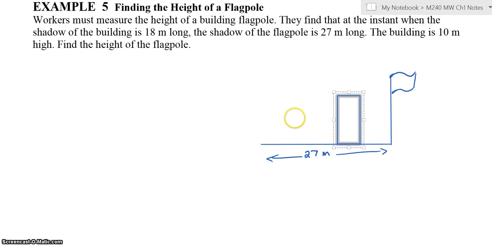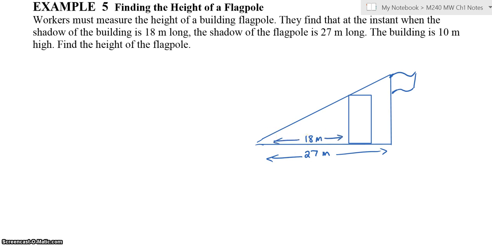The sun is going to hit this corner and form the same angle there. So they're going to be 2 similar triangles. And the shadow, whoops, I should connect that. And the shadow of the building is 18 meters long. That's from there to there.